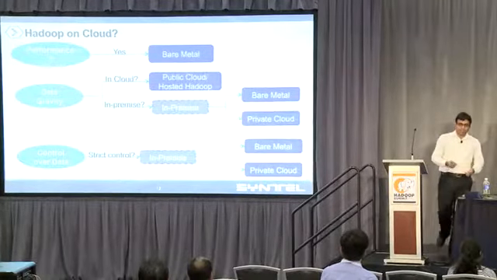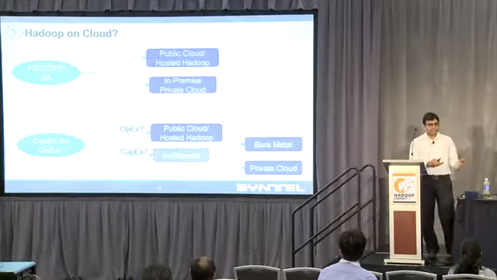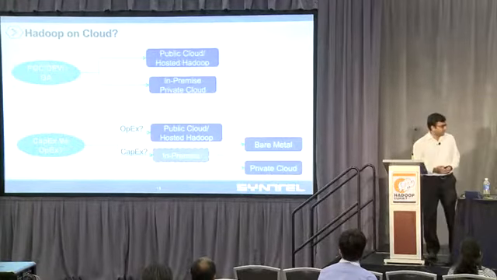Then for a POC, dev or QA environment, you can go with either a public cloud or a private cloud, considering the other aspects as well, like performance or where the data is being generated.